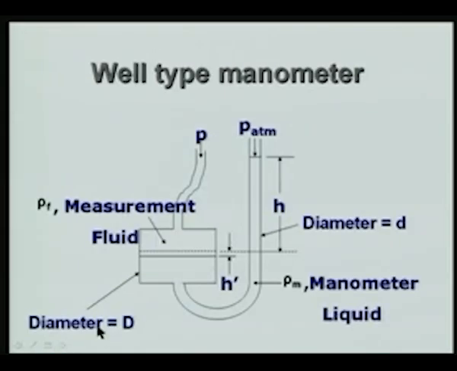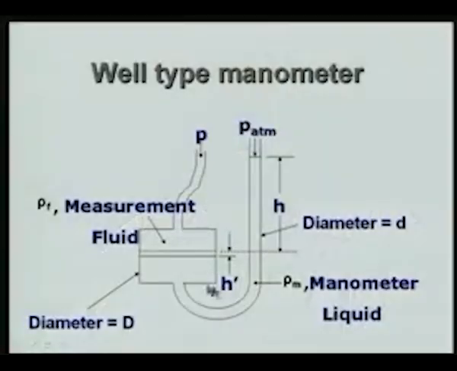A well type manometer has a large reservoir as shown here. On the left side I have a large reservoir, and on the right side a smaller diameter vertical limb. Let us see what is going to happen.